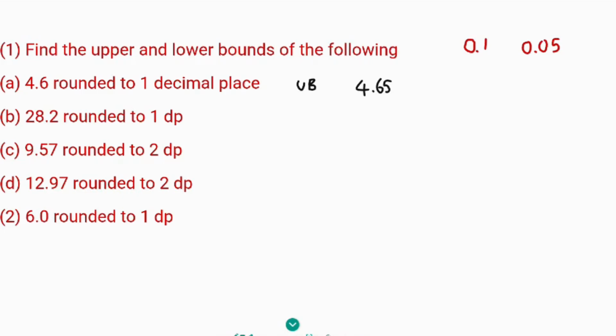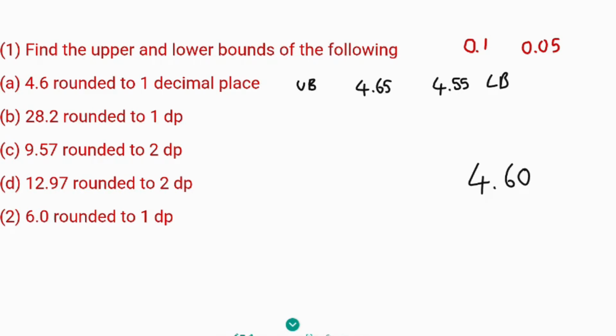And lower bound, take 0.05 off 4.6, 4.55. Sometimes I think it helps if you think of it like this. Your 4.6 is 4.60. You can almost see then it's 4.55, 4.65.